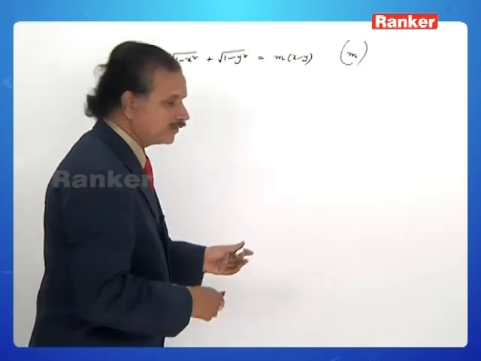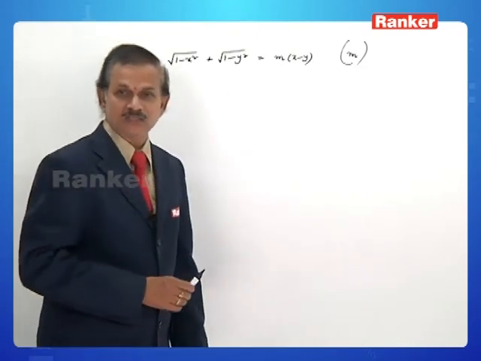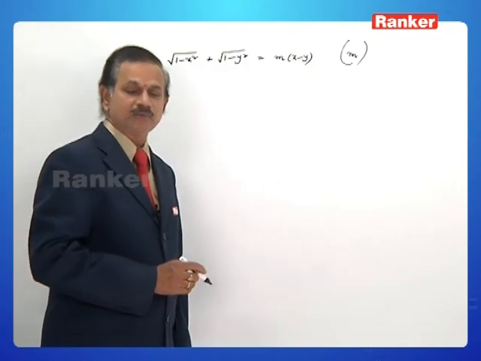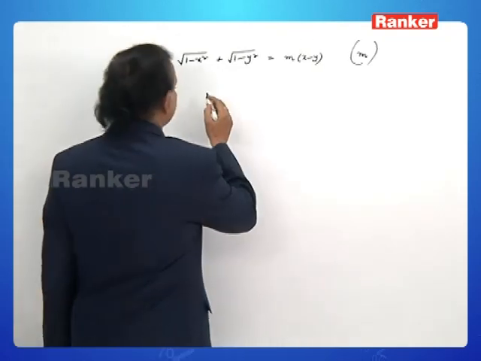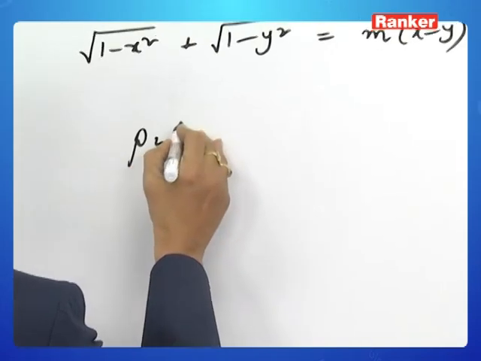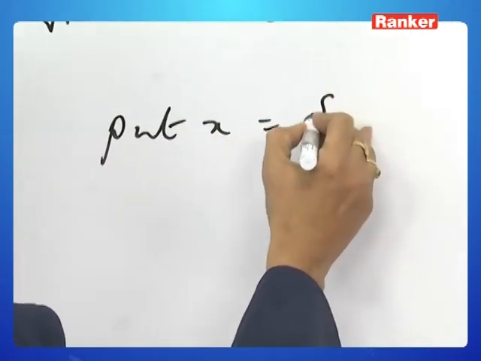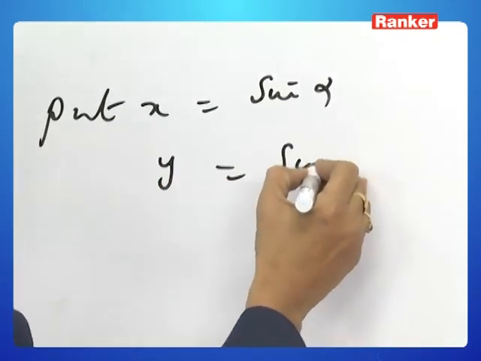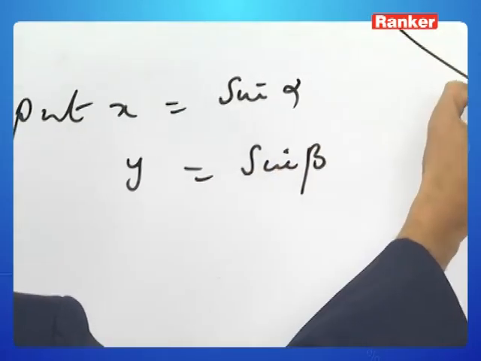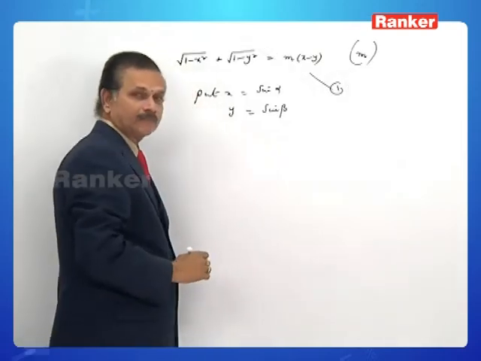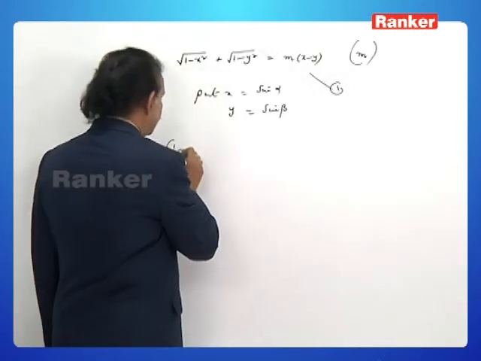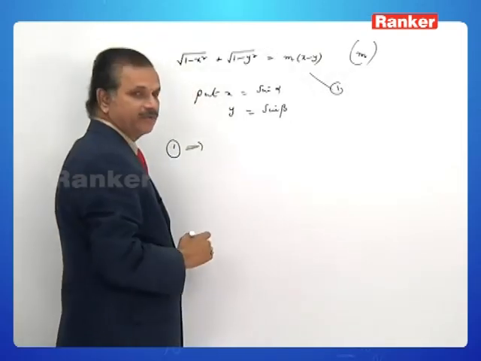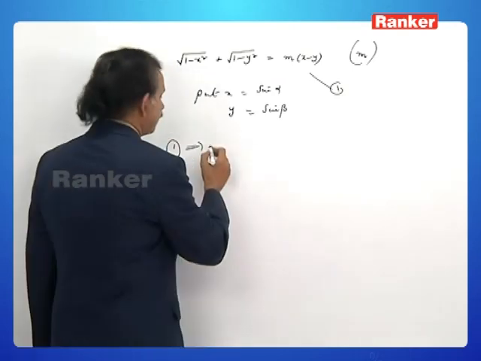We do one thing. Look here, as root of 1 minus x square and root of 1 minus y square are present, let me put x is equal to sine alpha and y is equal to sine beta. Then how does that equation 1 change?